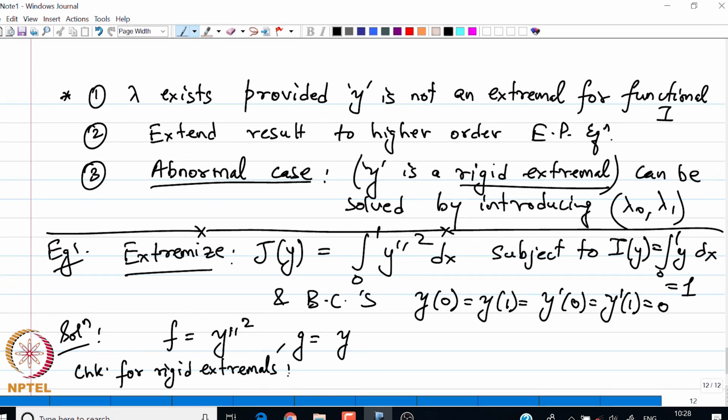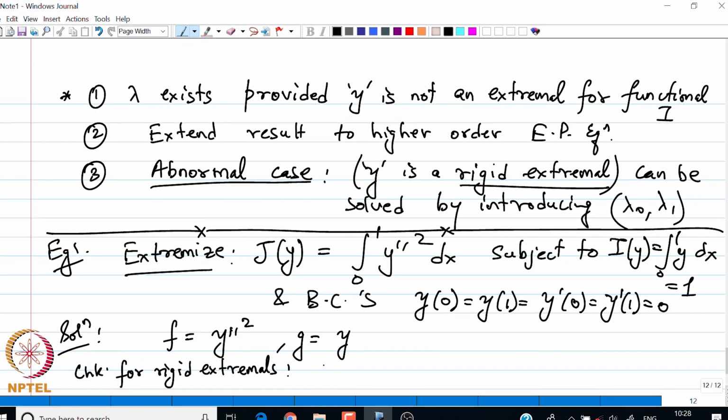Now, if I have any rigid extremal, then y will be the extremal to this isoperimetric constraint I of y.